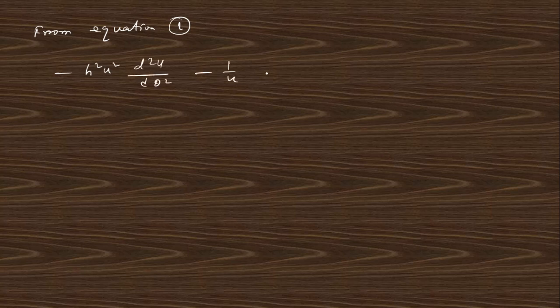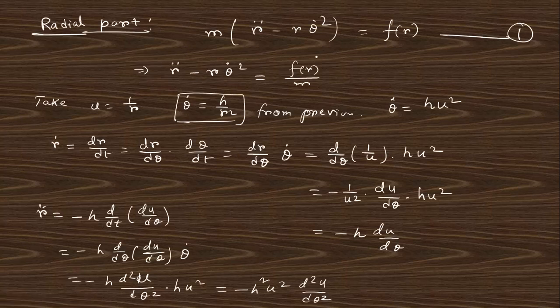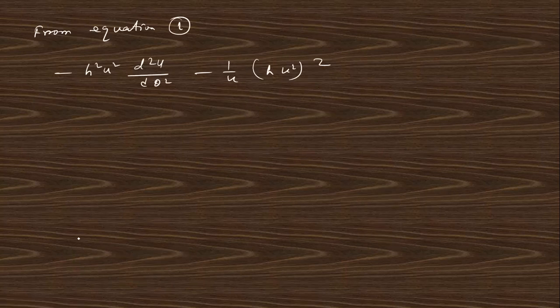So from equation 1 we get minus h square u square d2u d theta square minus 1 by u times (h u square) whole square, because there is r theta dot square, where r is 1 by u and theta dot is h u square, equals f of r, with r being 1 by u, by m. Clear?